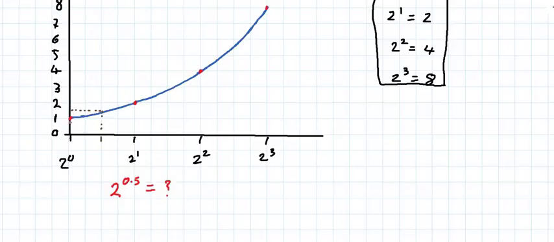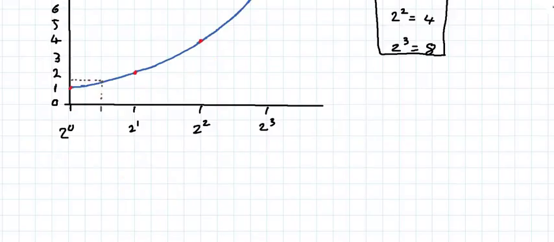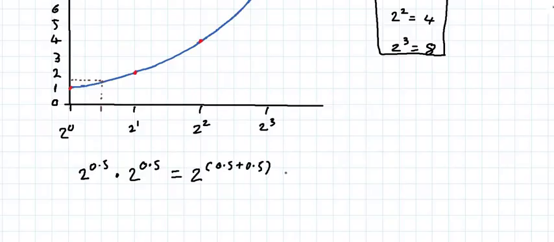And that fractional multiplication is defined by the line on this graph. All we need to do is write out 2 to the power of a half multiplied by itself, and using our previous rule that when you have the same number base, if you multiply numbers together you simply add the exponents, we can work out that 2 to the power of a half multiplied by 2 to the power of a half must equal 2 to the power of 0.5 plus 0.5, which is 2 to the power of 1.